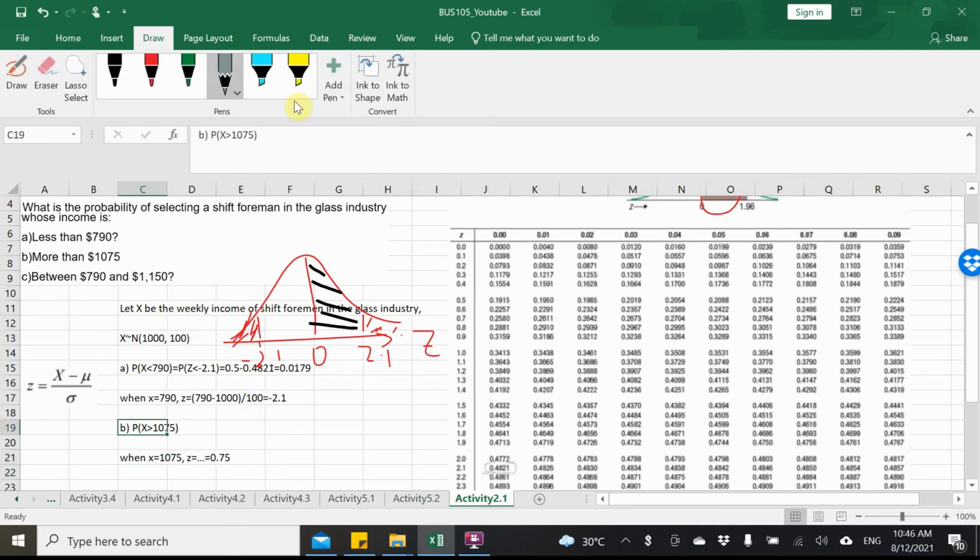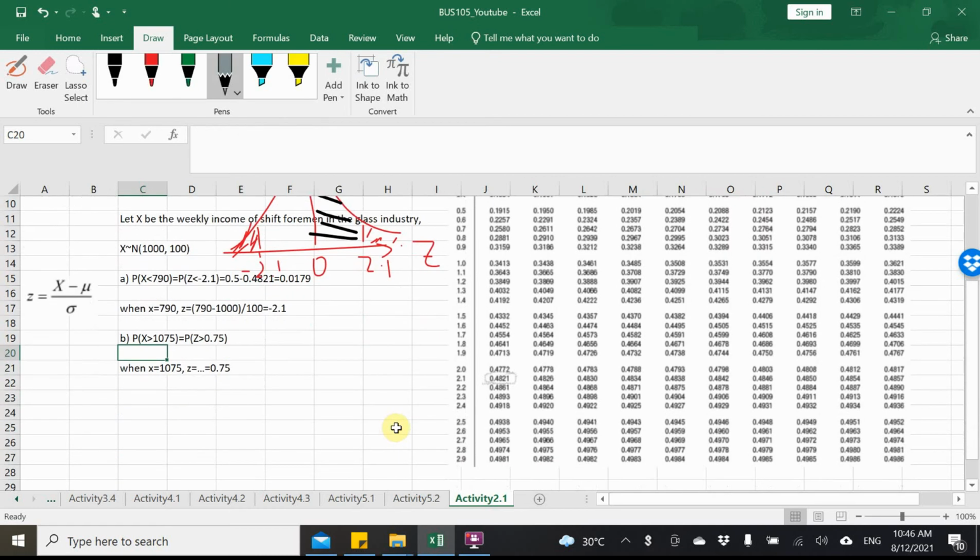So this probability is equivalent to z bigger than 0.75. Now, what is the area we want to find for part B? Same, we can draw a standard normal distribution, and now we want to find the z-score 0.75, and because it's z bigger than 0.75, the area we want to find is the right tail.